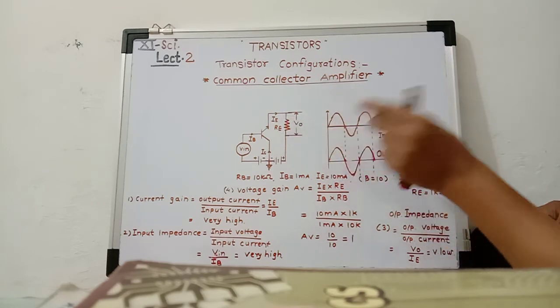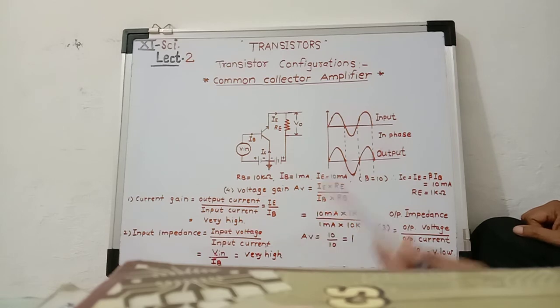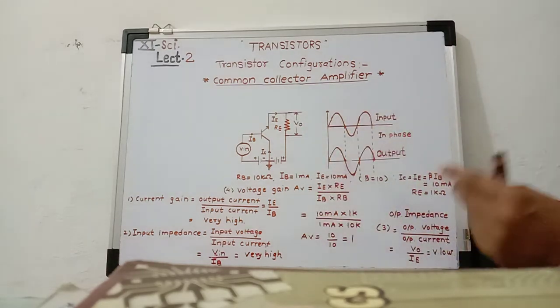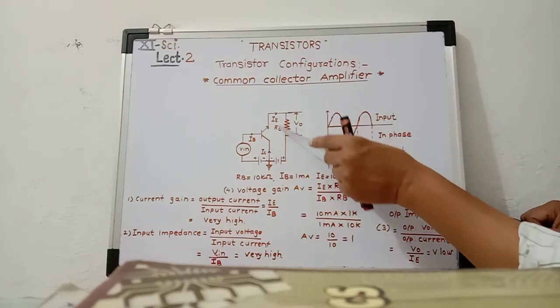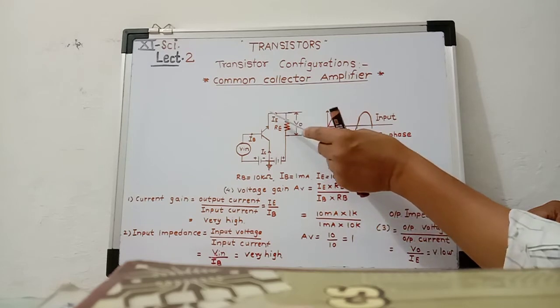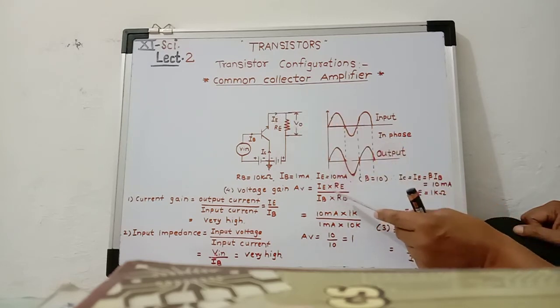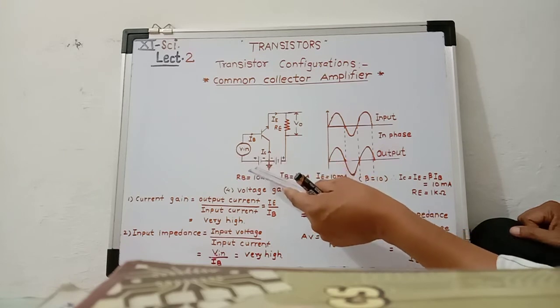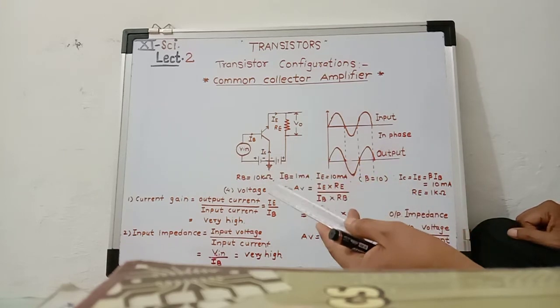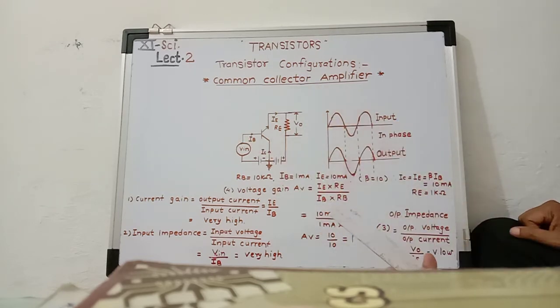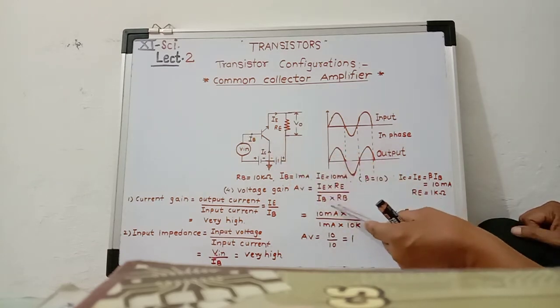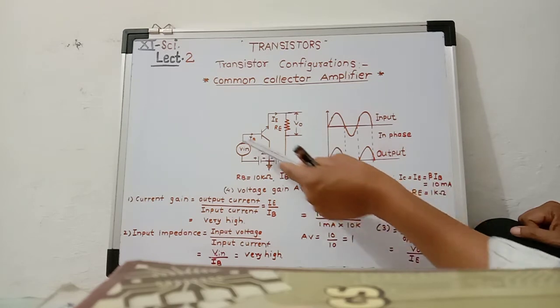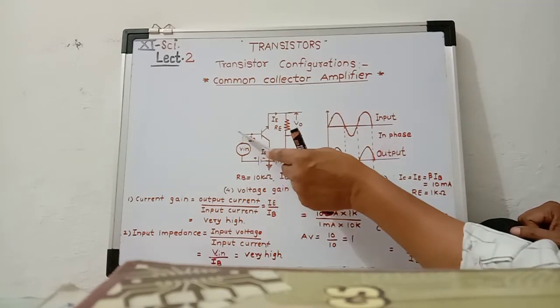We know that V is equal to I into R. The input voltage VIN is equal to IB into RB, the base current times the base resistance.